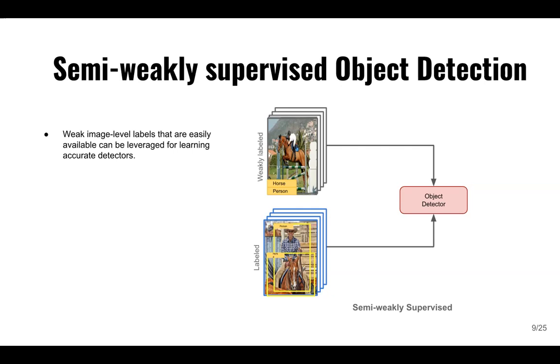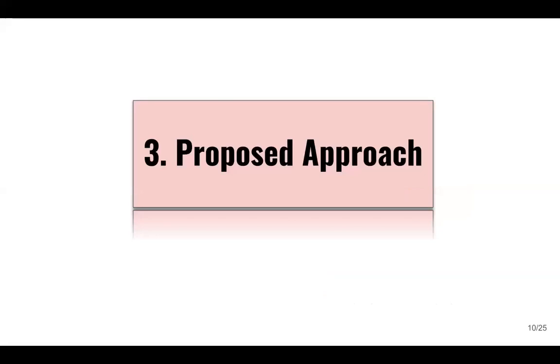These are like global class annotations, which we can easily obtain. And then the idea is how we can make use of this mixed supervision setting to learn a detector efficiently. Now we'll see how we approach this problem in our settings.